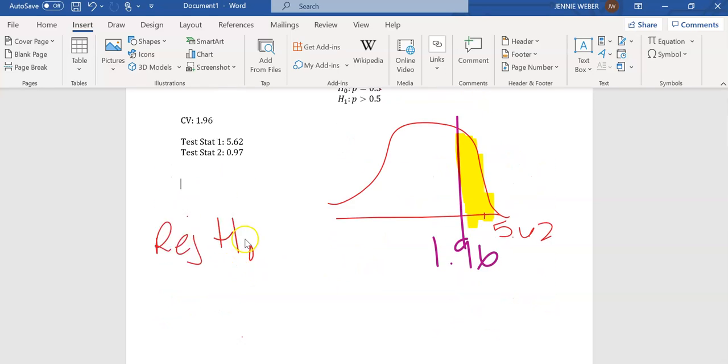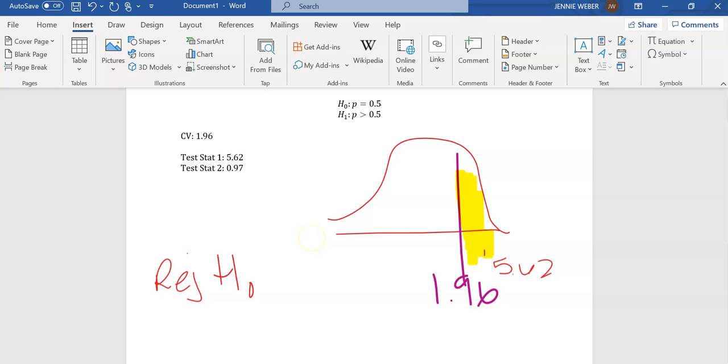So if we reject the null here, we can then support our alternative, which means that we have sufficient evidence to say that most people like chocolate best, because they should.